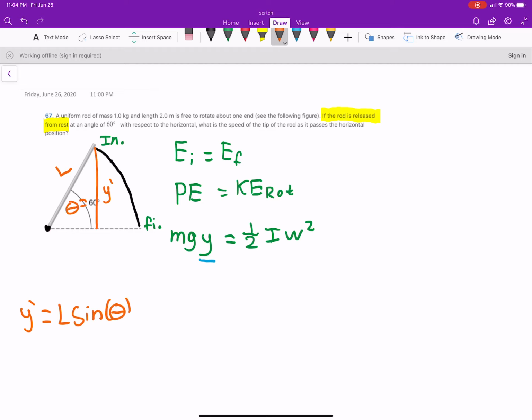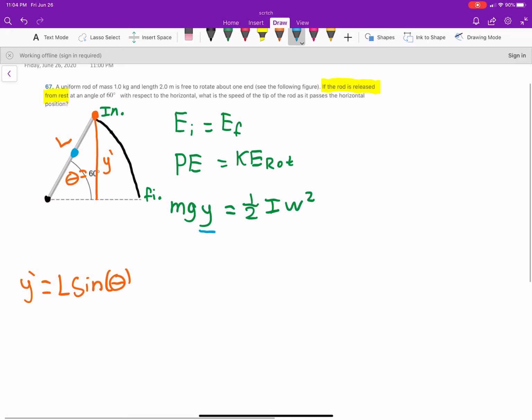But that gives us this height. What we want is this height. Well, I'm sure you can imagine all you have to do is divide that by 2 to get our solution. So y is L sine theta divided by 2, because that's the height above our ground for our center of mass. Okay, so hopefully that makes sense.